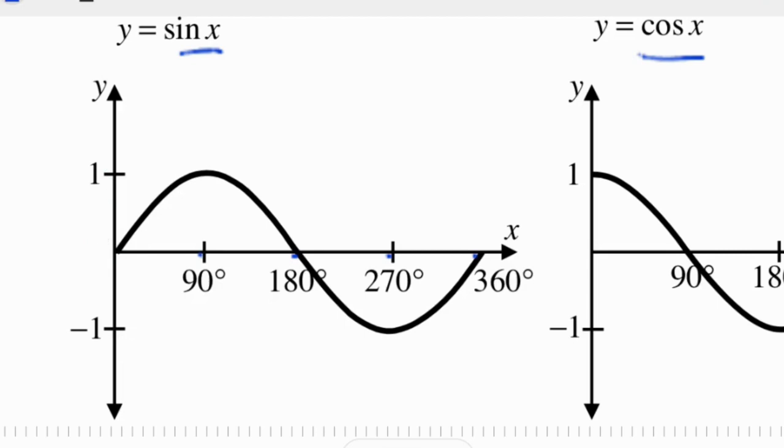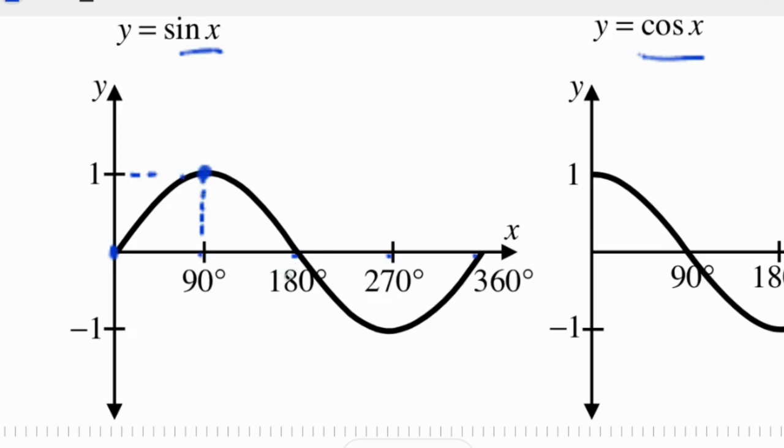Very, very important. On that calculator, when x was 0, y was 0, so it is this point here. When x was 90, y was 1, so we have x of 90 and y is 1 over there, that is that point.